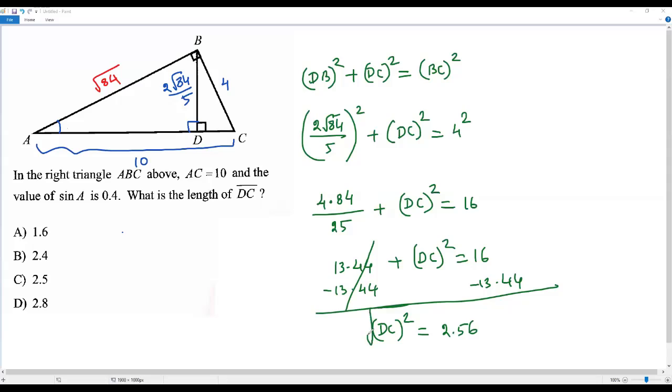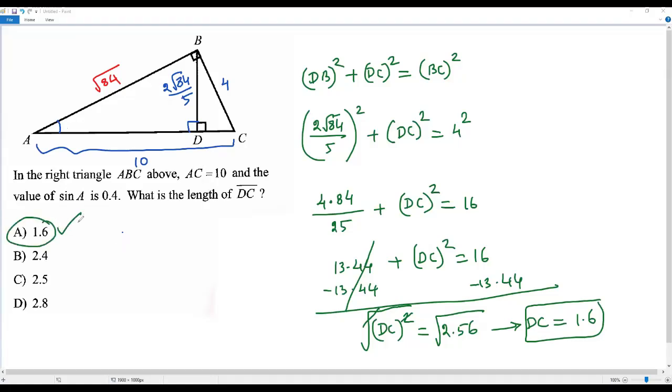For that we have to take the square root on both sides. The square root and square will cancel out, and I am getting DC on the left side. On the right side, when I take the square root of 2.56, I am getting 1.6. Now I got the length of this line segment DC, that is 1.6. We find 1.6 in answer choice A. The correct answer choice for this question is A.